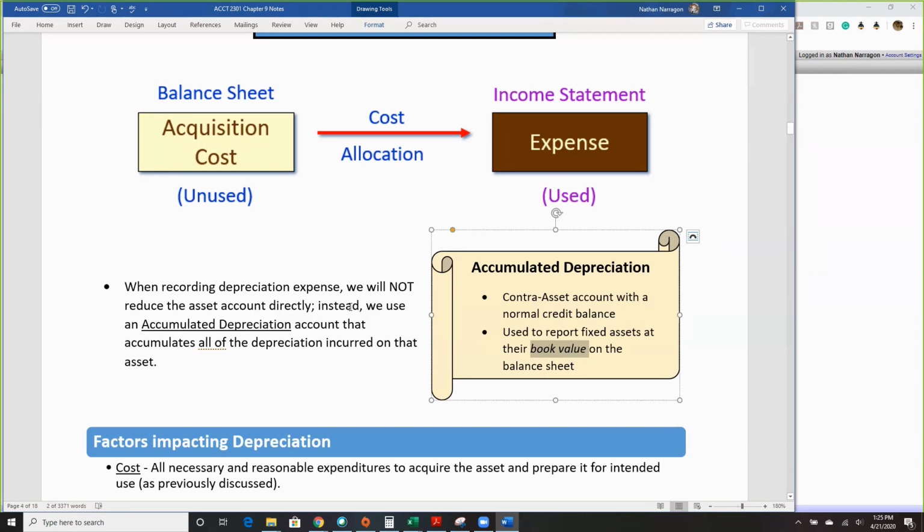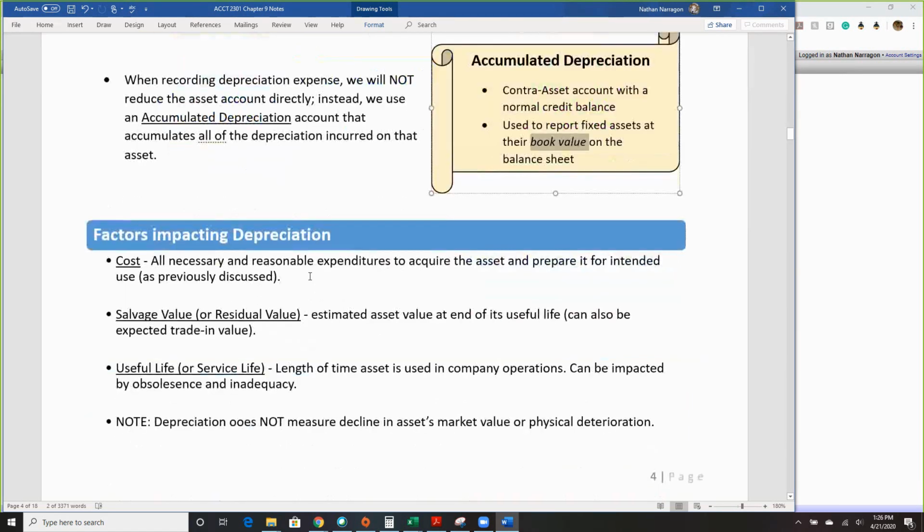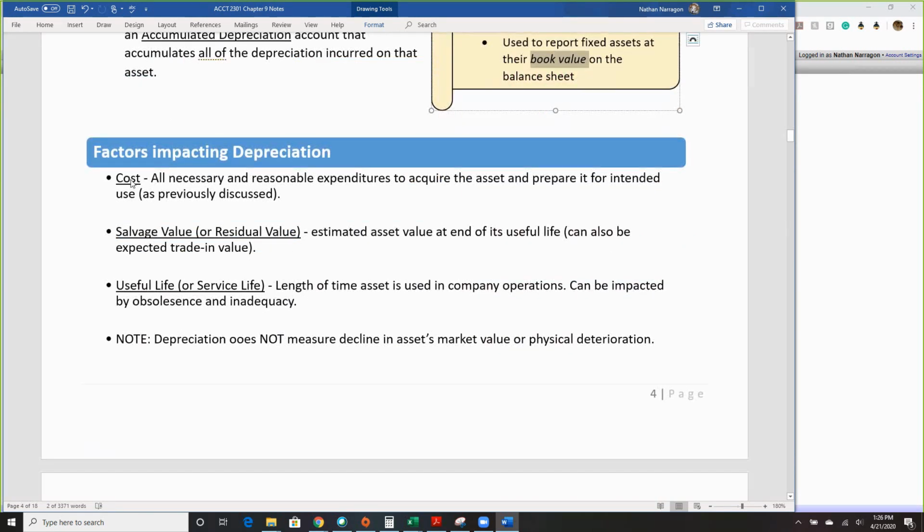Now, when we look at these and how we compute depreciation, there are certain factors that are needed. This includes cost, which is everything that we've already talked about. This is all the expenditures and purchase price.